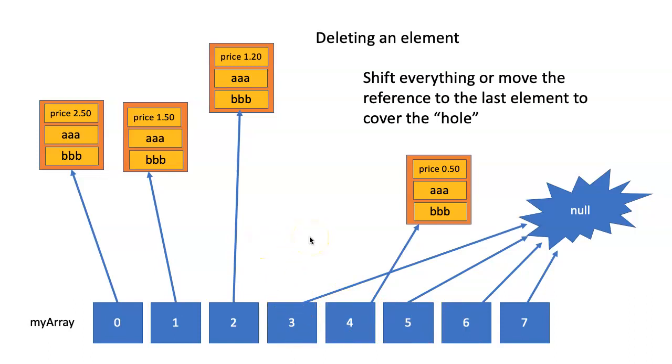But if your array is not sorted, it's just any order is fine, you can grab the last element in your array and move it into that position, the reference to that position. That way you cover the hole. Make sure that if you do that, you set the last position to reference to null. Otherwise, you're going to have a duplicate element in there.